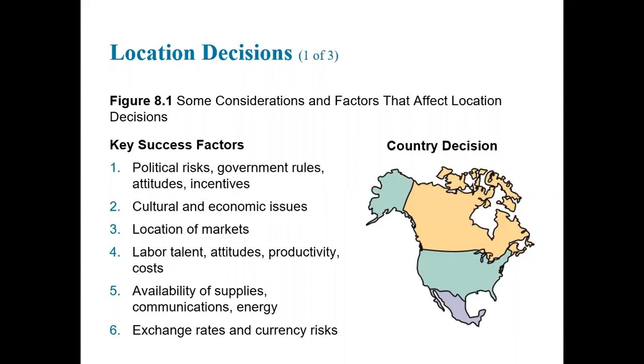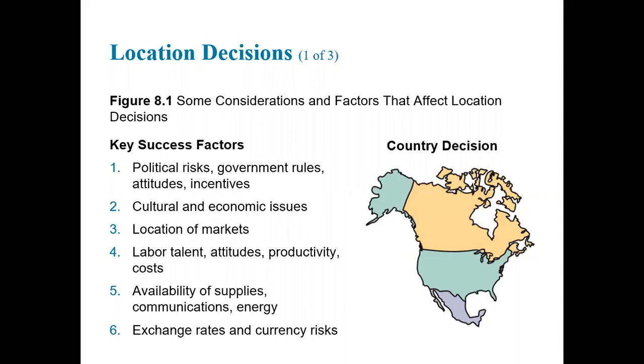Okay. So once that decision has been made to either locate locally or globally, then we go into a review of all the different pluses or minuses, the pros and cons, for a given country.